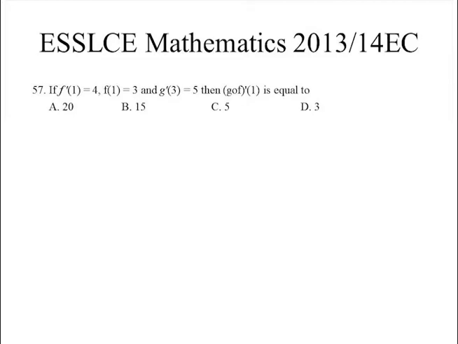It's known that g of x is equal to g of f of x. The first derivative of g of x is equal to the first derivative of g with respect to f of x times the first derivative of f of x.